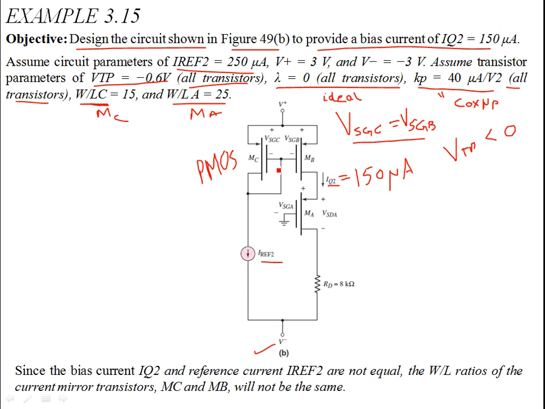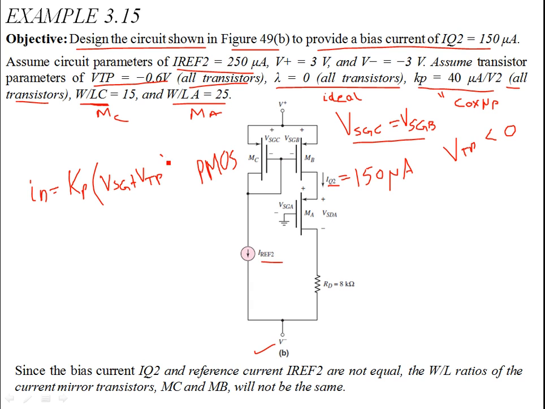So you see this IREF2 is also different. Even for the same VSG and same VSGB, the current, which for a PMOS device is given as KP times VSGC plus VTP, which is negative VTP, whole squared.